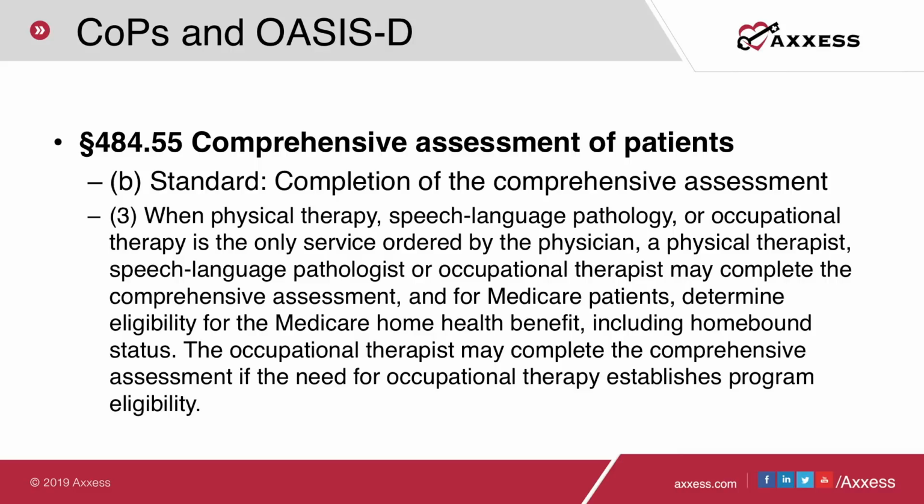So what are those exceptions? When PT, speech language pathology, or occupational therapy is the only service ordered by the physician, a PT, SLP, or OT may complete the comprehensive assessment and, for Medicare patients, determine eligibility for the Medicare home health benefit, including that homebound status.